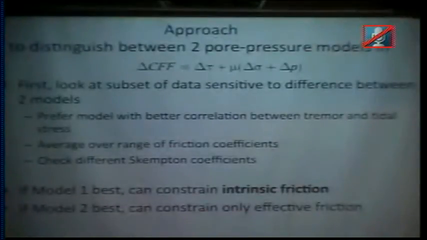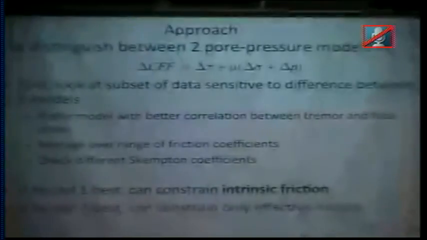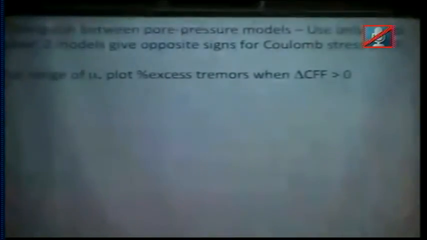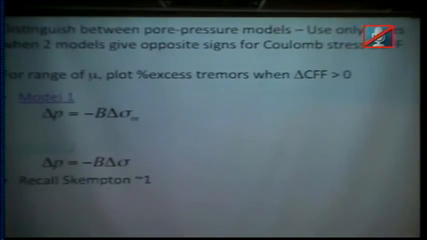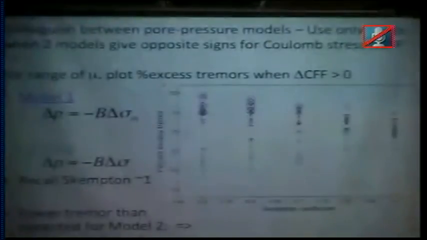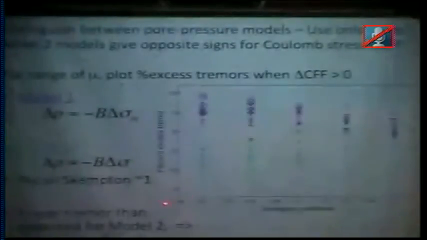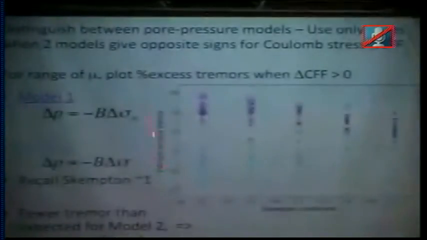If model 2 is best, we can only constrain effective friction, and we can't make a figure quite like the one I showed you before. So we'll use the subset to decide which model we want, then we'll use the full tremor data set to constrain friction. It's a stepwise process. So essentially, it is going to be shown here.